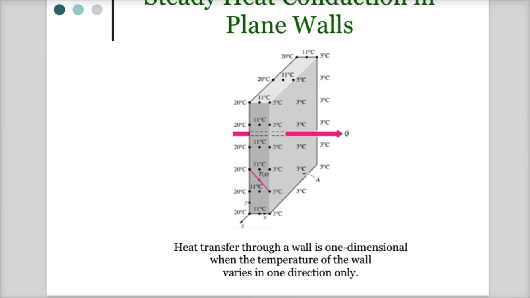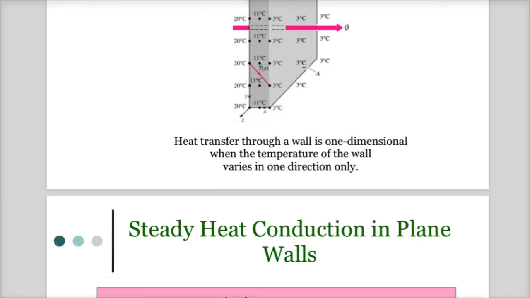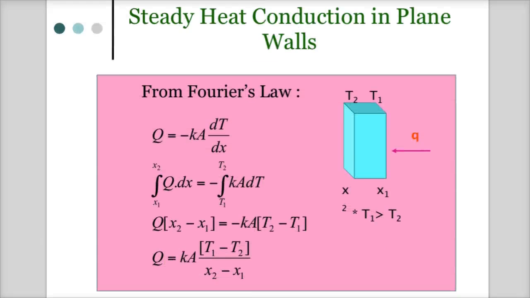Moving on. Steady heat conduction in plane wall. We derive from Fourier's law. If you need to recall Fourier's law, go to the first part. Q equals minus kA dT over dx. The minus is because of the vector, because we're losing heat.